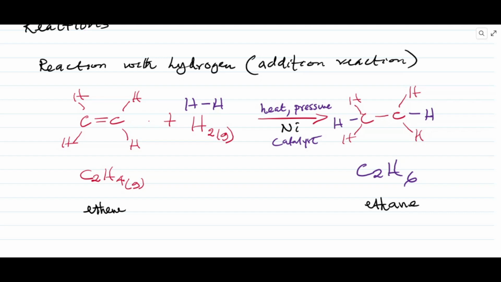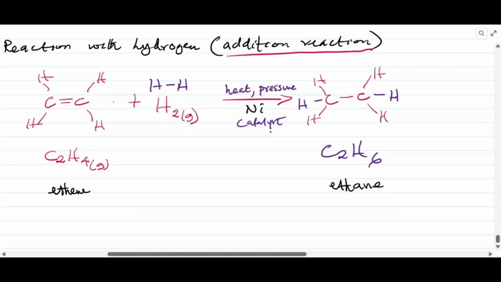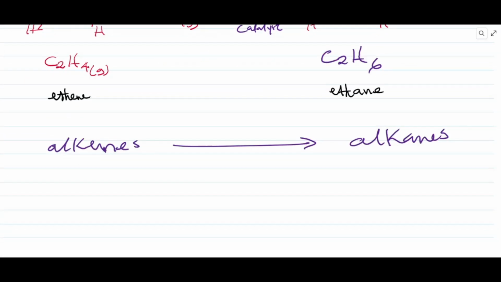And the name of this reaction is what? Addition reaction. It is addition reaction because only one product is formed. If you remember, we said the alkanes are saturated hydrocarbons because they have carbon to carbon single bonds only.